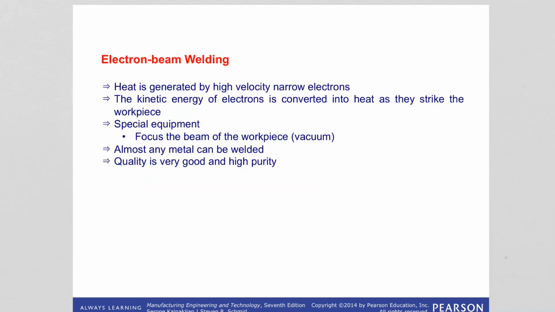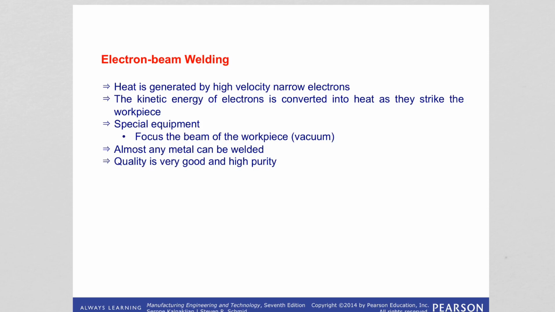There's another category besides oxy-fuel gas welding. We learned about arc welding with consumable and non-consumable electrodes. And now we take a look at high energy beams like electron beam welding. In this case, again, the heat somehow needs to be generated.